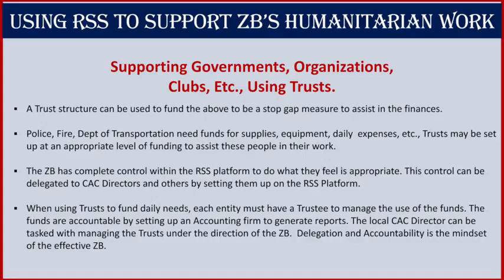Okay, using the RSS to support Zim benefactors' humanitarian work, supporting governments, organizations, clubs, etc. using trusts. A trust structure can be used to fund the above as a stopgap measure to assist in the finances. My idea here is that you take a fire station and give them a trust account, and the trustee would be the captain of that fire station, and they could use it for whatever they want.